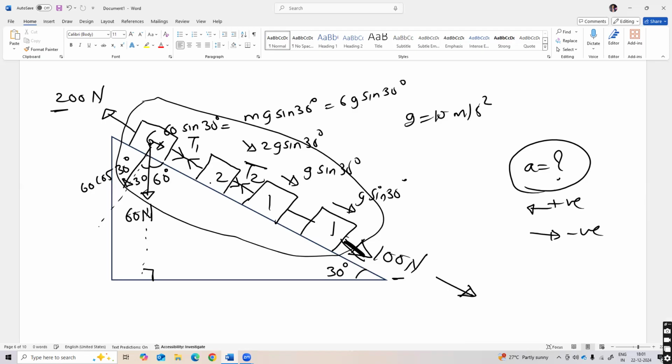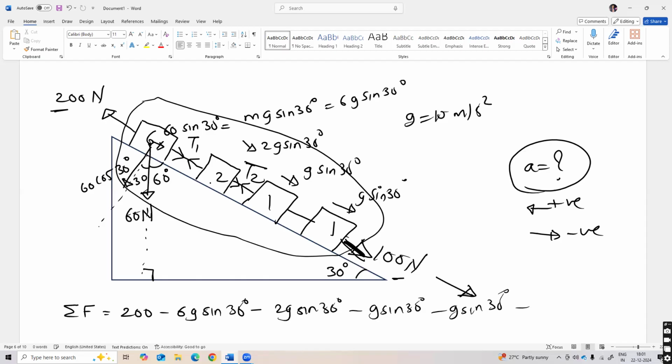So if we find the summation of forces, that will be equal to 200, which is positive, minus 6g sine 30, minus 2g sine 30, minus g sine 30 for the third block, then minus g sine 30 for the fourth block, and minus 100.